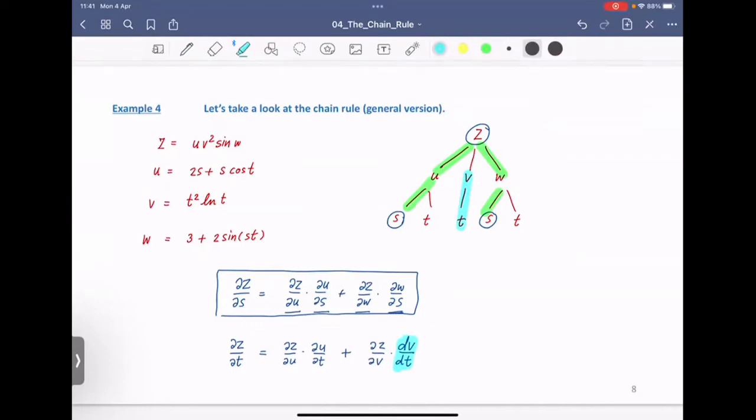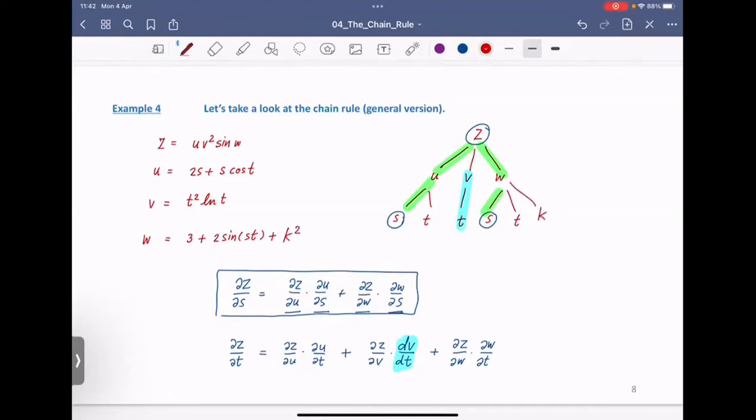Now you can use dv by dt because it is just a single variable. And then here you can keep curl c by curl w and then curl w by curl t. Okay, simple. Well, if I have something like st and k square, for example, this could be k as well.